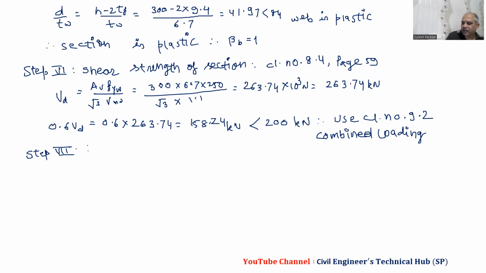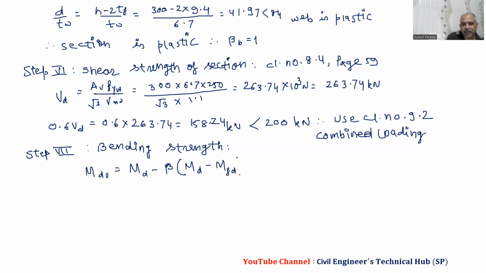So we have this formula for MdV. Now we can write bending strength. We have the formula MdV is equal to Md minus beta in bracket Md minus Mfd.